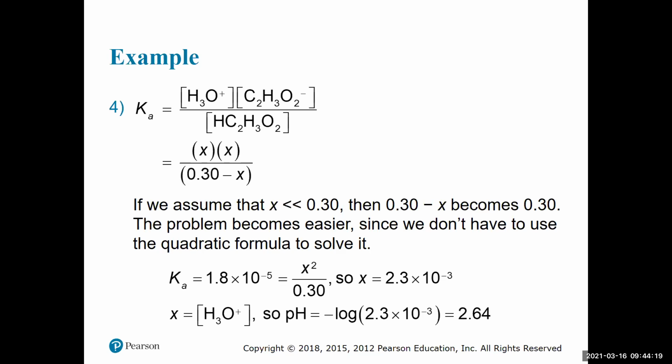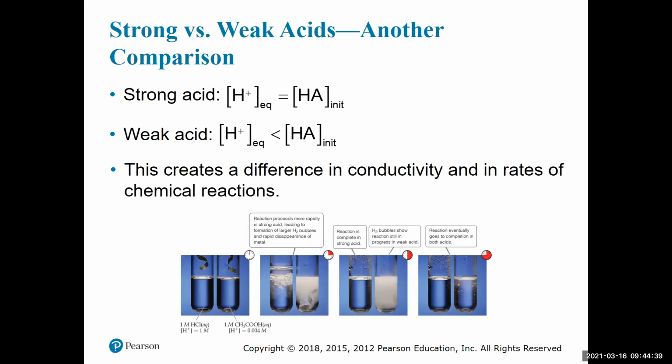And because of that, that takes us away from using the quadratic equation to solve for x and puts it back to more straightforward algebra. Okay, any questions about that? All right.